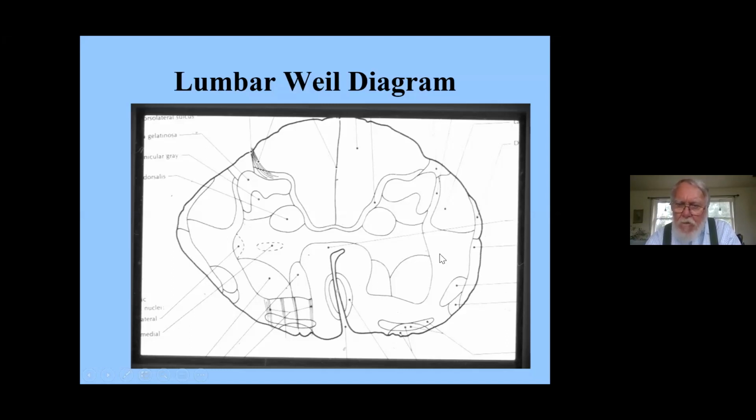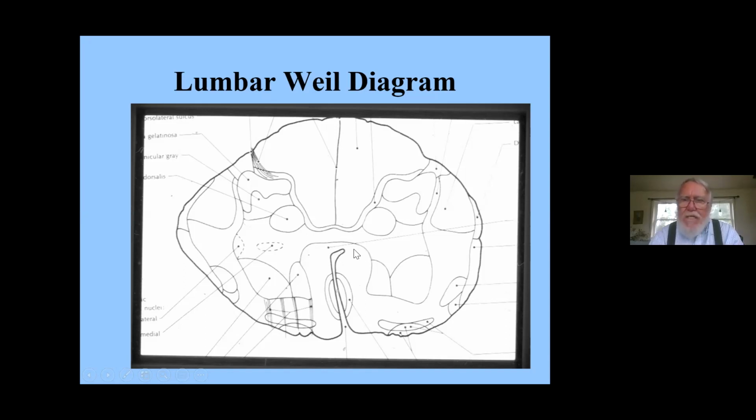Then lateral to the ventral horn is the lateral spinothalamic tract. Then inferior to ventral to the ventral horn is the anterior spinothalamic tract. And then medial to the ventral horn is the anterior corticospinal tract. Then above the anterior median septum is the anterior white commissure.